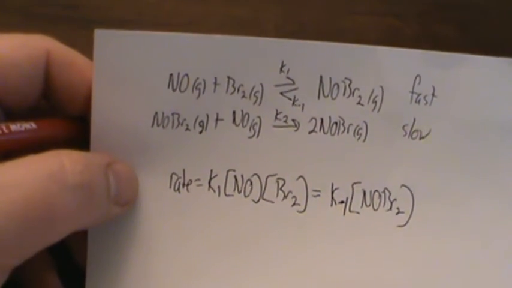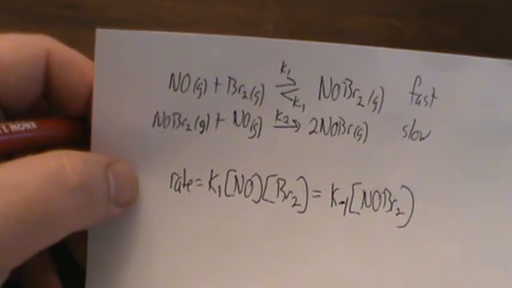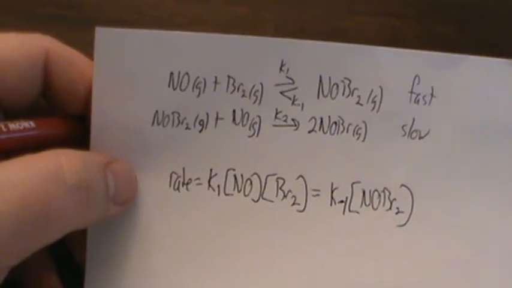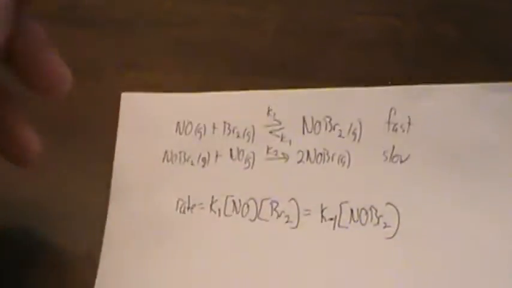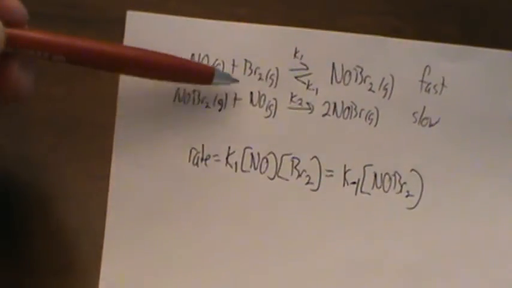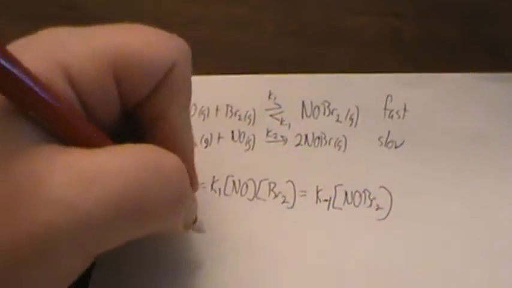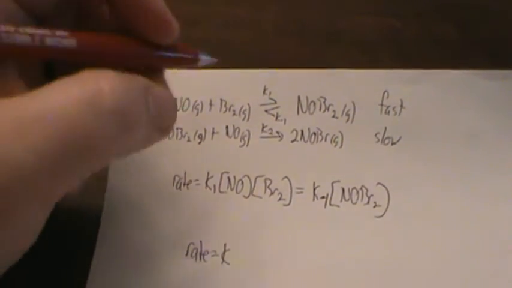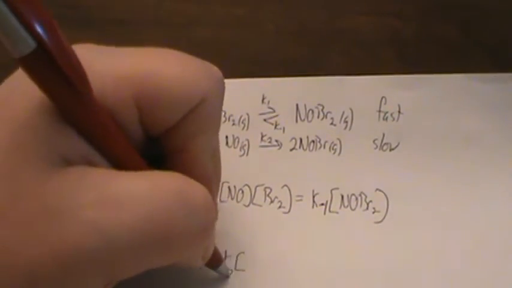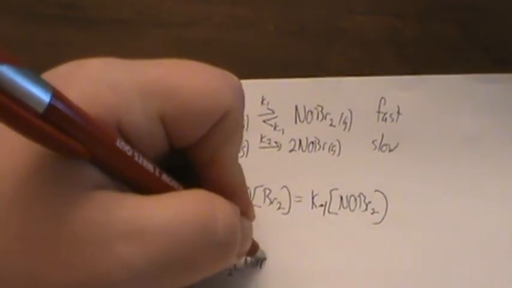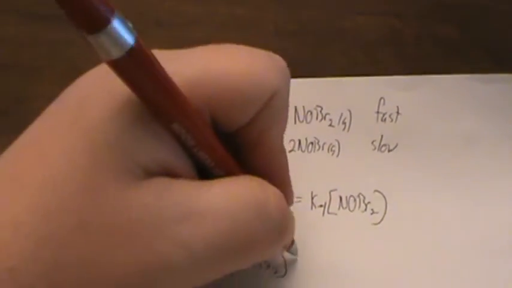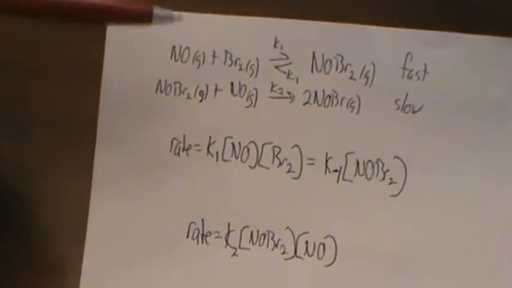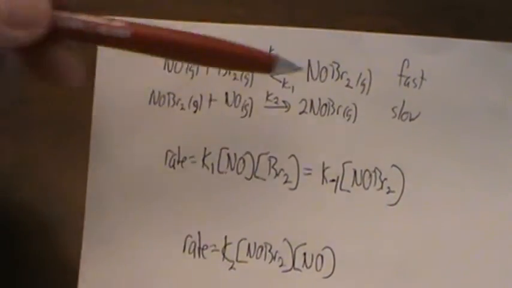So if we need to figure out the rate of the reaction, and since our second reaction is the slower one, rate would be equal to K2 times the concentration of NOBr2 times the concentration of NO. Now, we do need to bring in the information from our first reaction, the fast reaction.